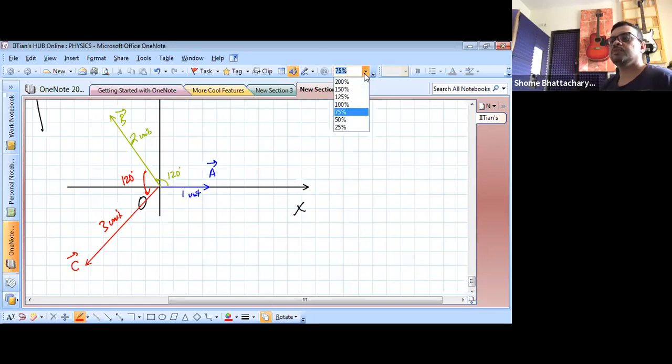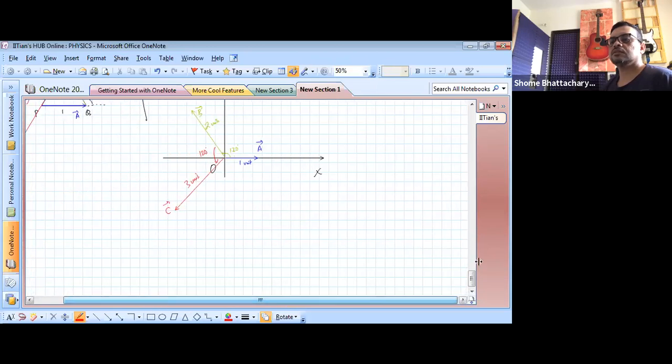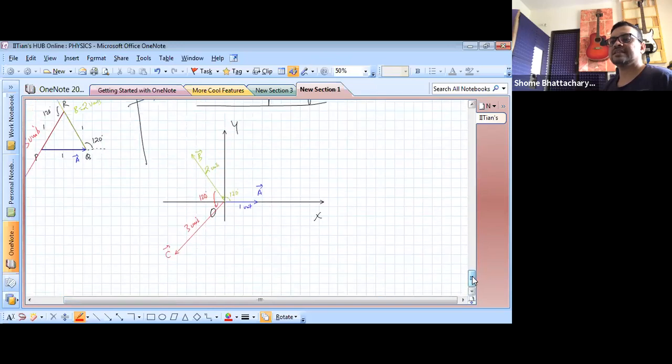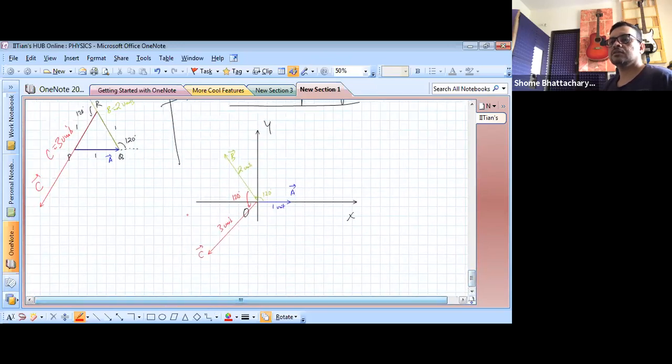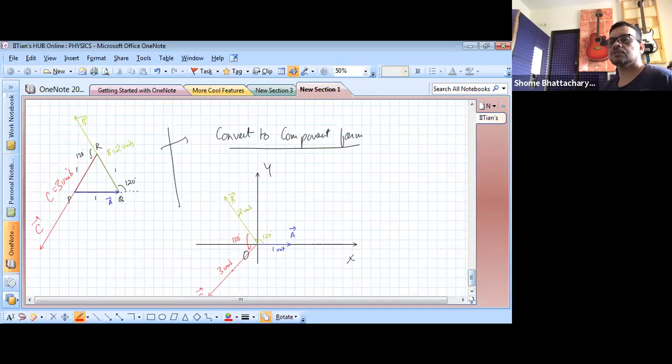So this is how you place the vectors A, B, and C in the Cartesian coordinate frame, in which we have taken our x-axis along vector A. We have converted the language of the question to component form.